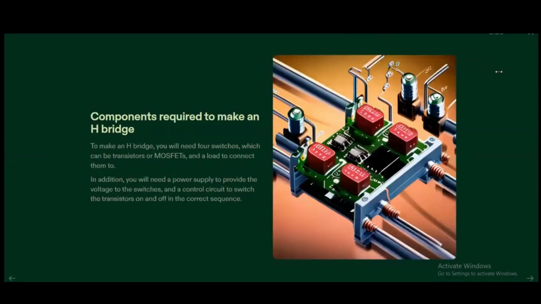Moving further, what are the basic components required to make an H-bridge? First of all, there should be a voltage source that may turn on and off the switches or supply power to the circuit. Then we have to use transistors or MOSFETs as switches to control the flow of the current or the polarity of the voltage.